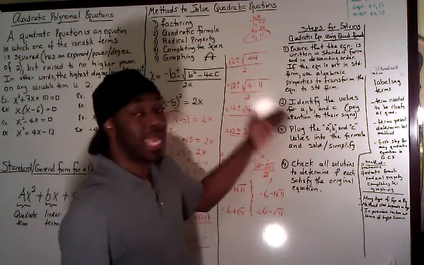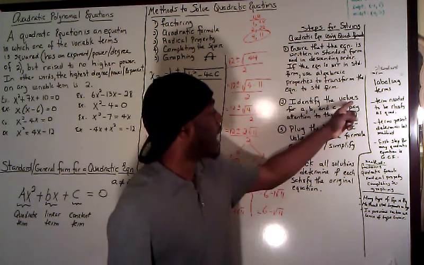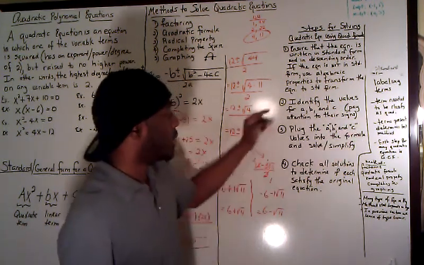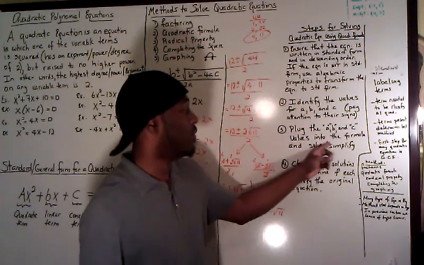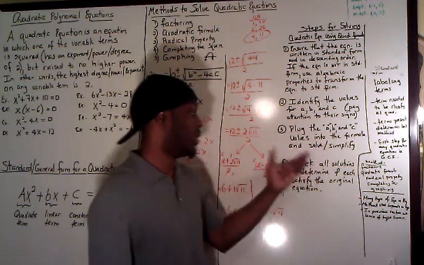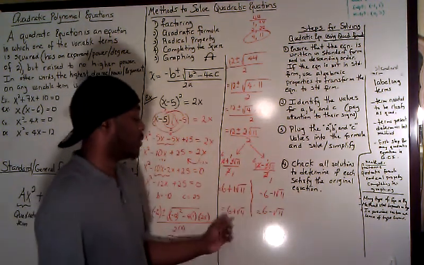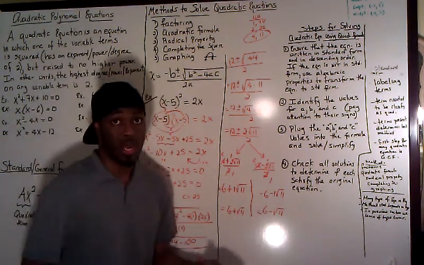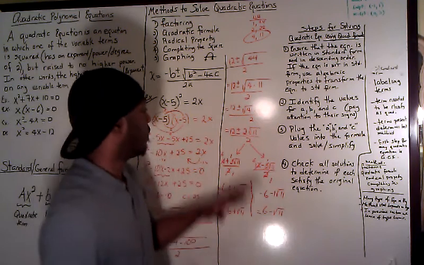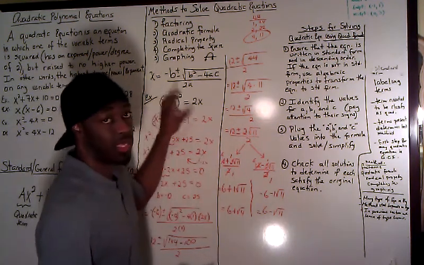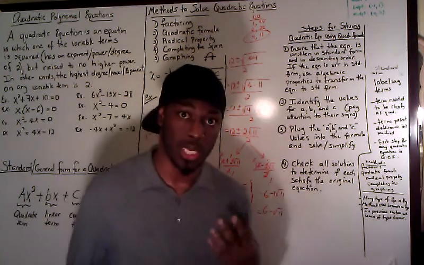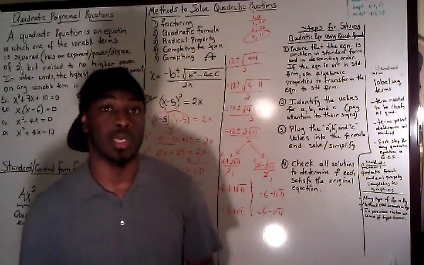Once it is in standard form, identify the values for A, B, and C, and pay attention to their signs. The third step is to plug the A, B, and C values into the formula and solve and simplify. The last step is to check our solutions back into the original equation. If the solutions satisfy the original equation, then it is a valid solution and we keep it as our solution to the equation.